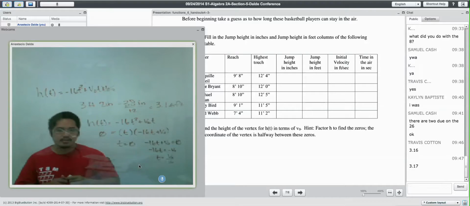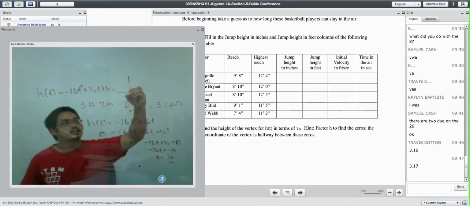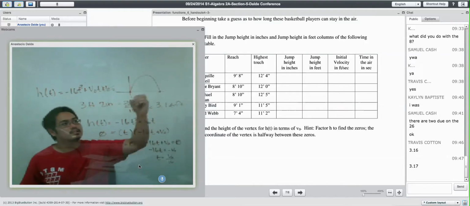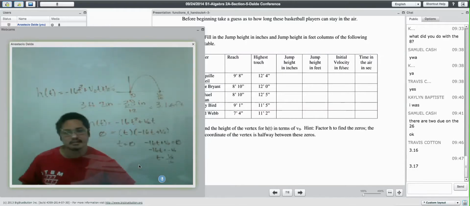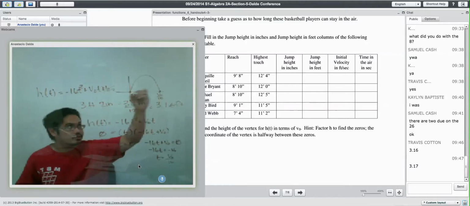And so we know that the vertex is going to exist where? This is at time 0, and this is at time v naught over 16, whatever that number comes out to be. So the vertex actually exists halfway in between these 2 points.